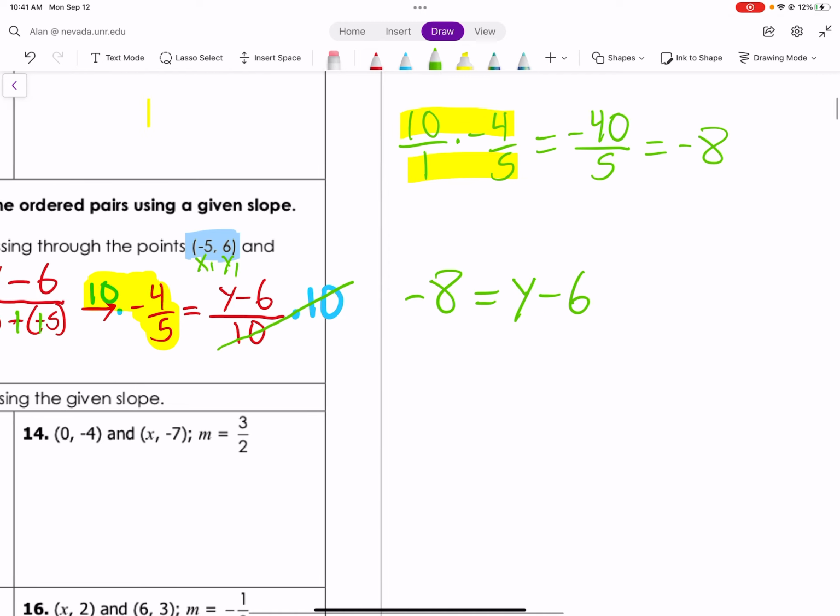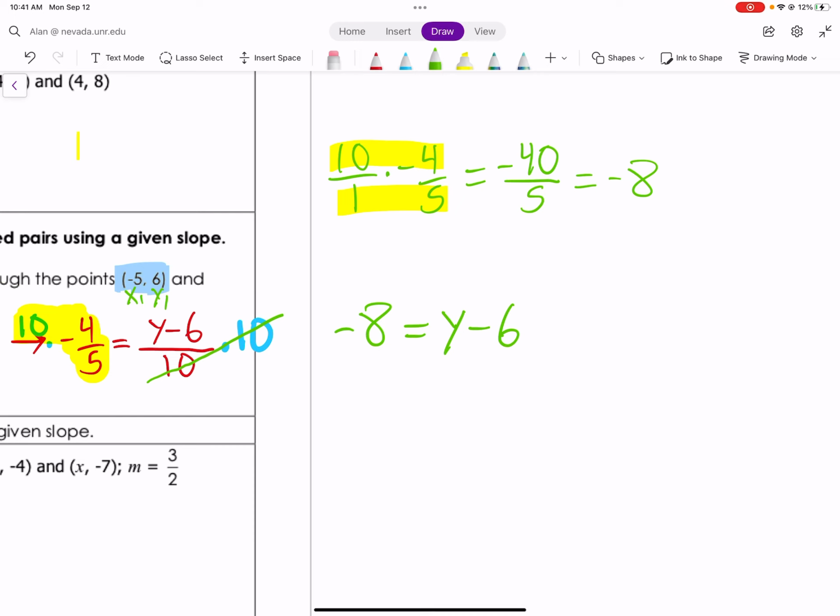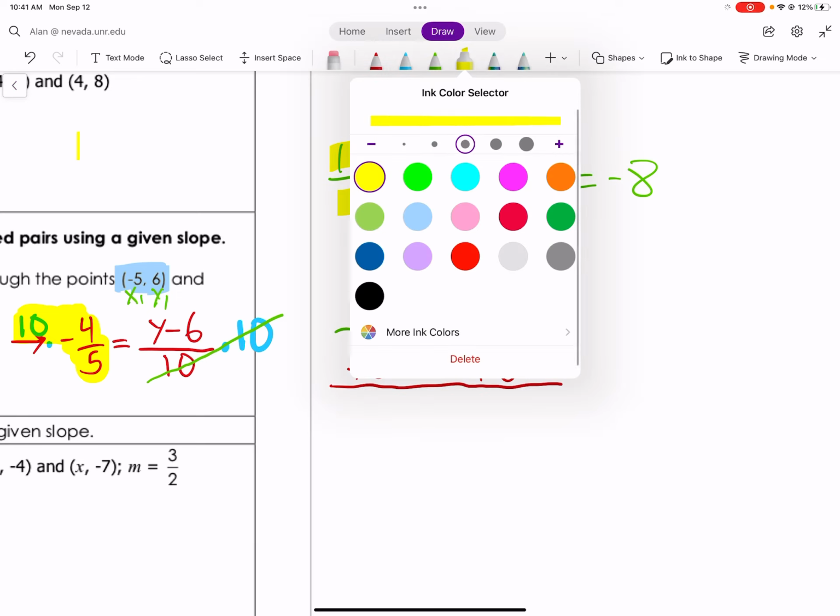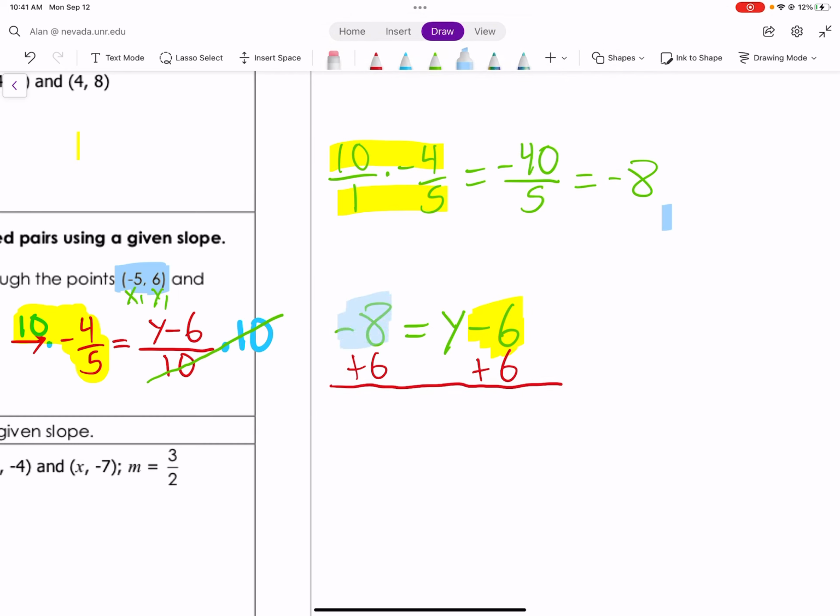Now we have a one-step equation to solve for y. What's still attached to the y? I have a subtraction by 6 attached to the y. What's the opposite of subtracting 6? We add 6 to both sides, draw our bar underneath, and then we go column by column. So this column on the left, negative 8 plus 6, that will give us a value of negative 2.